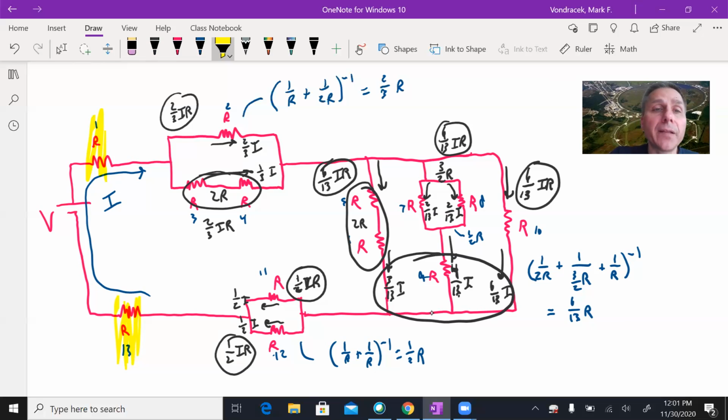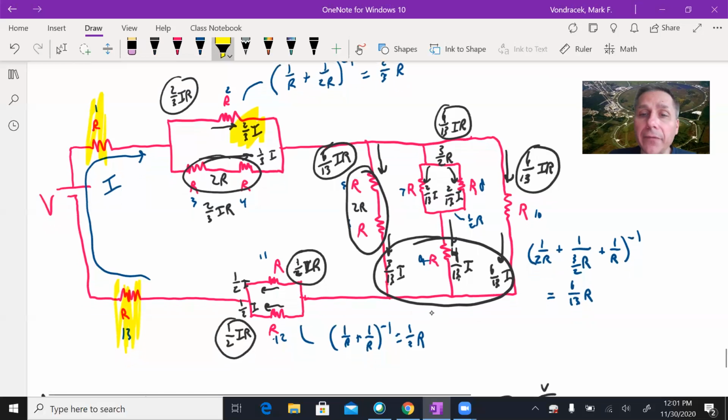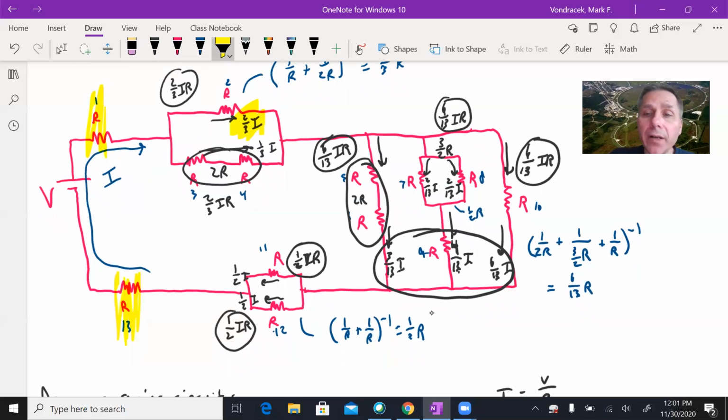It looks like this one up on the top, with 2/3 of the total current going through. That looks like the next highest fraction. Then, look at all these different fractions, it looks like 1/2. So 11 and 12 down here. Those are going to be the next brightest.